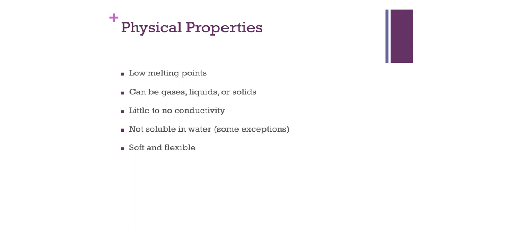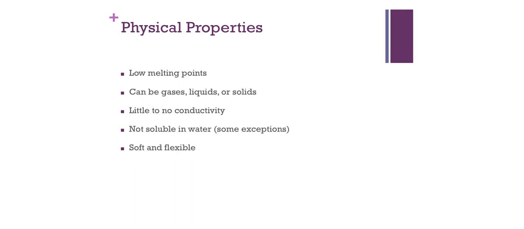But things you should look out for when we are talking about the physical properties of covalent bonds would be that they have low melting points. If I take a covalent compound and put it in a pot, it would easily melt at a very, very low temperature. As a reminder, high temperatures for ionic compounds are things like 1,000, 2,000 degrees Fahrenheit.